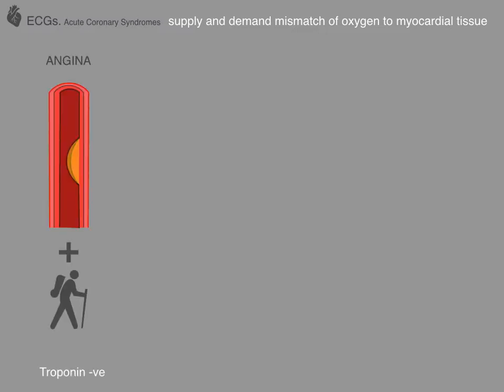Angina refers to a syndrome where a patient would develop an ischemic type cardiac pain, but this pain would only occur on exertion. These patients can have changes on their ECG, but by definition, when we do their bloods, they are negative for cardiac enzymes, specifically troponin.